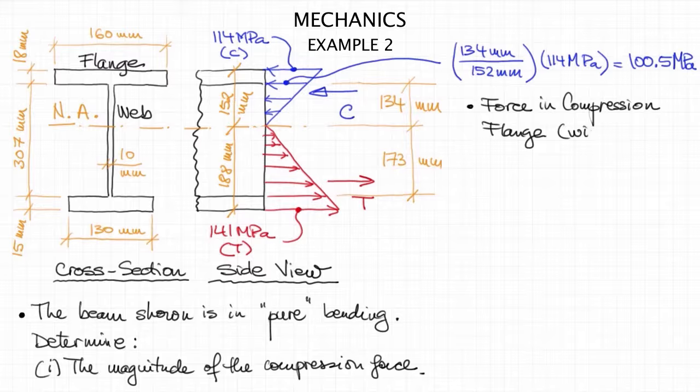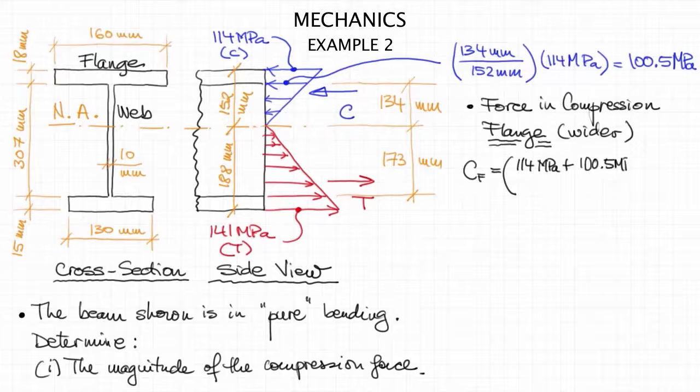So let's start with the top component that acts across the flange. So the total force corresponding to that is equal to the area of the trapezoid that we can see in the diagram.